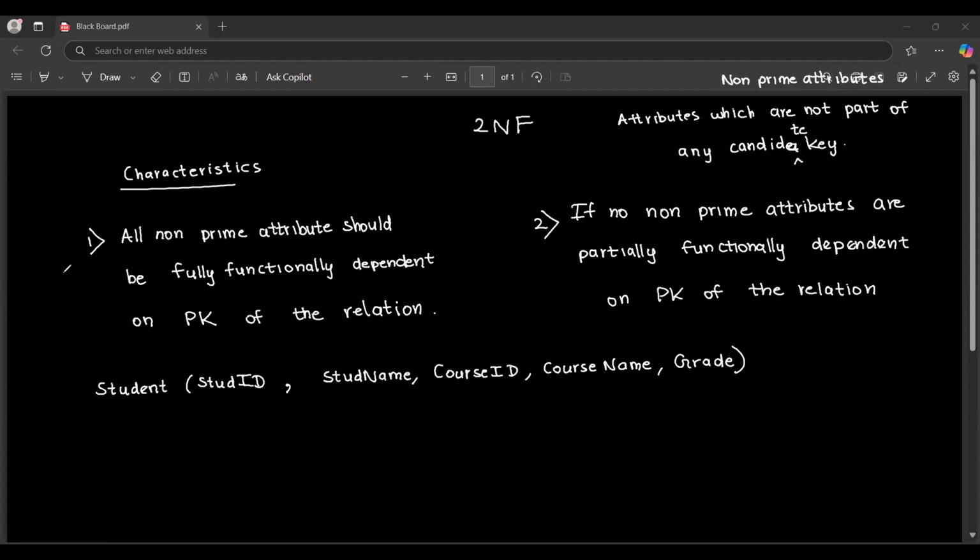We don't need course name, since if there was a course name, it would not even be in first normal form. So we'll just have this.